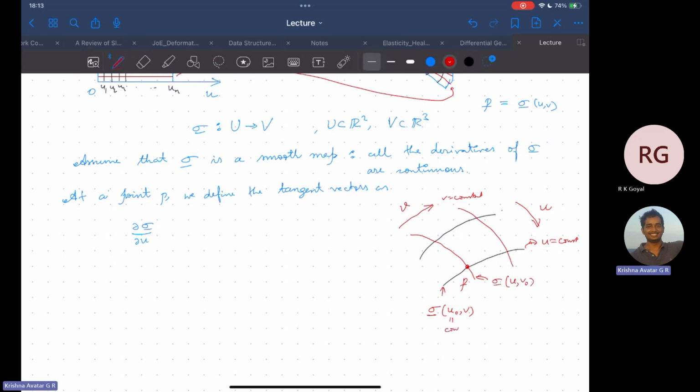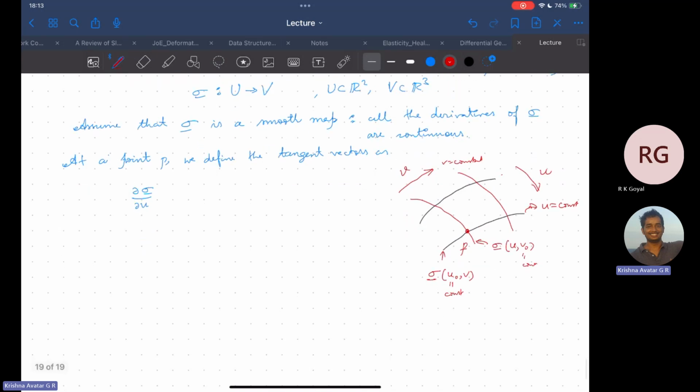So it's as if we have a curve, gamma vector of v equal to sigma vector (u naught, v), and delta vector of u equal to sigma vector (u, v naught). These are curves, and they happen to be a function of one parameter.